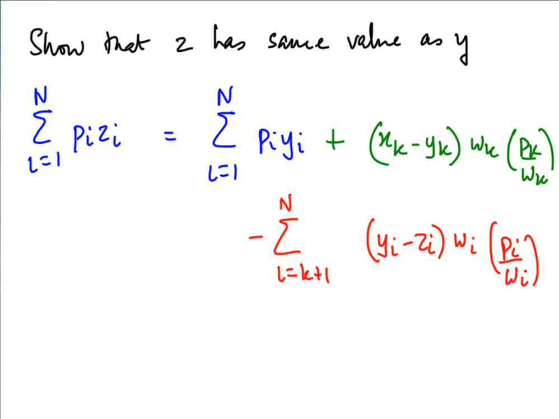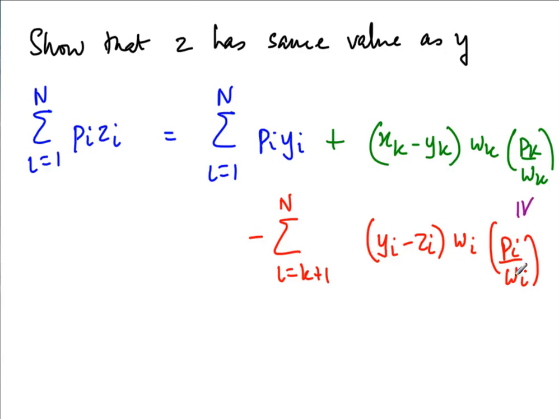Now the crucial observation is that we have pk by wk is bigger than all the pi by wi, because this is the unit cost at k and this is the unit cost to the right of k, and the unit costs are arranged in decreasing order. So the unit cost at k is bigger than the unit cost to the right, and so if I replace pi by wi by pk by wk everywhere, I will get a larger amount subtracted, right?